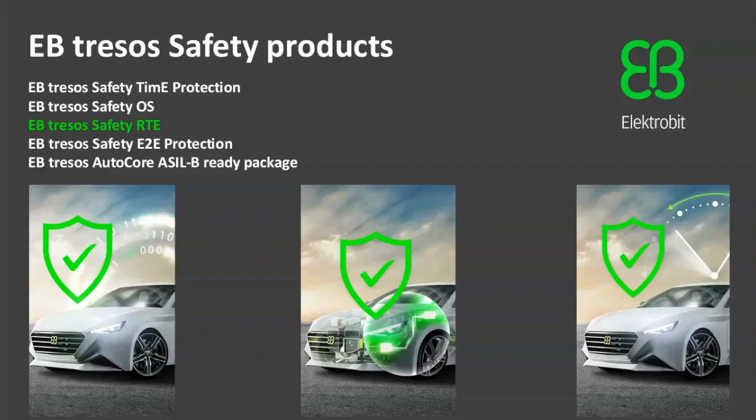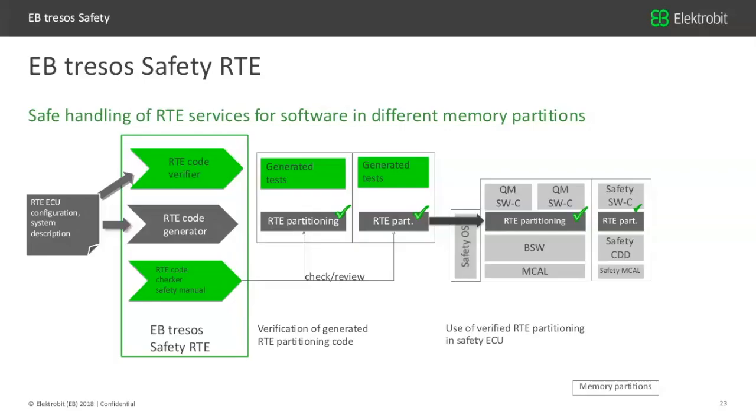Okay, the next product, which kind of goes along with the operating system, is the tresos Safety RTE. This also covers the domain of the spatial freedom from interference. Here we have a standard AUTOSAR RTE, which implements the RTE partitioning concept, which is defined in AUTOSAR as well.